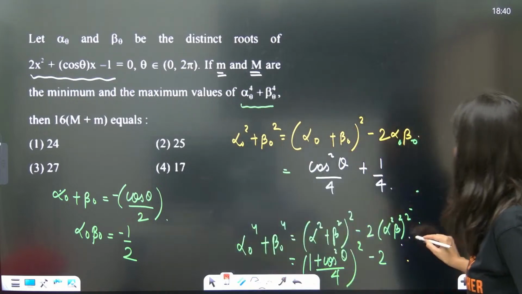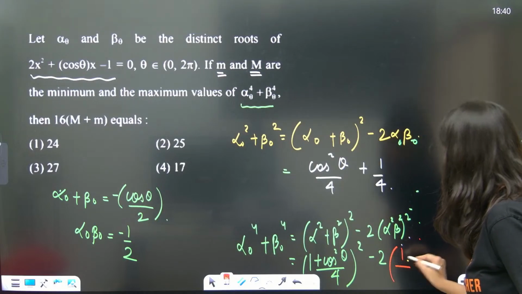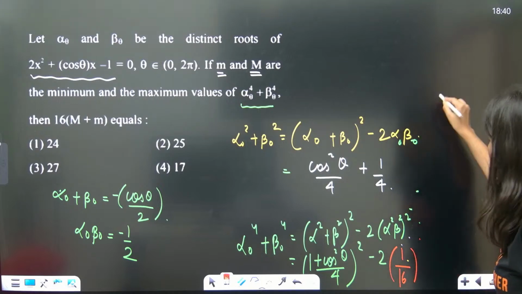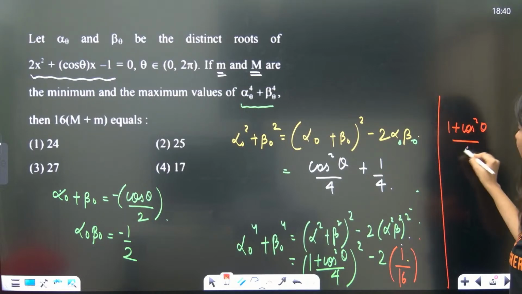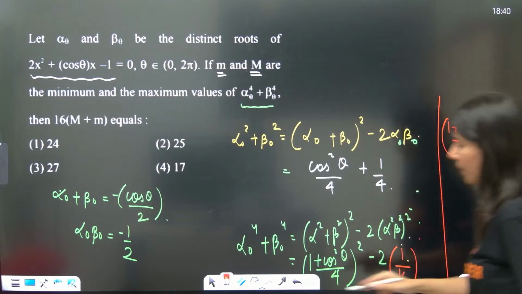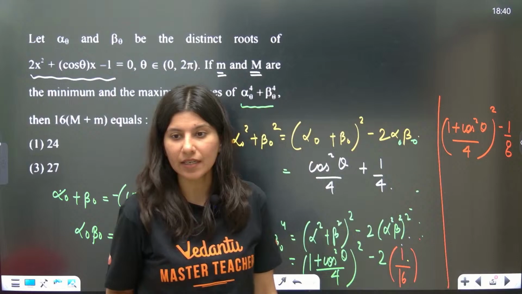Correct? 2 alpha beta whole square. So minus 2, and this is going to become 1 by what? 4 ka square, 16. So now this is going to become 1 plus cos square theta by 4 whole square minus 1 by 8. Correct or not? Getting it? Understanding it?